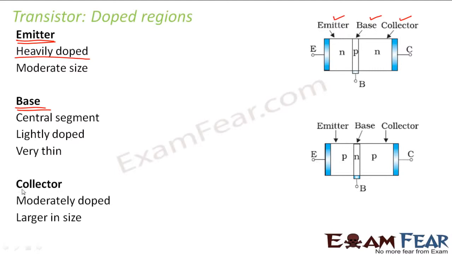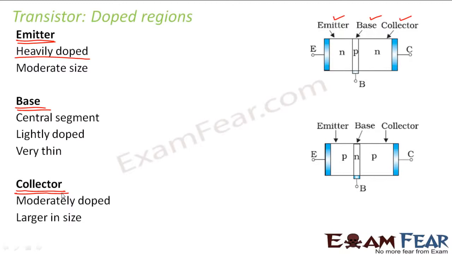The third region is the collector, which is again moderately doped. As far as doping is concerned, collector, as the name again suggests, is the one which will collect the charge carriers. So emitter will emit the charge carriers and collector will collect them. The one who has to collect the charge carriers doesn't need to be very highly doped.